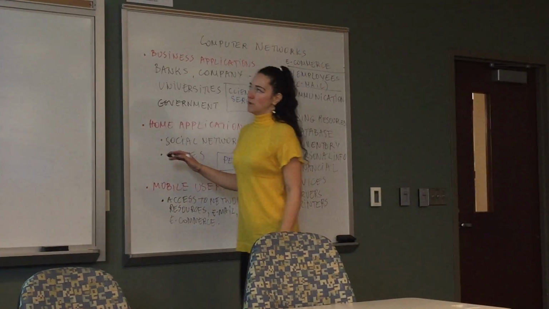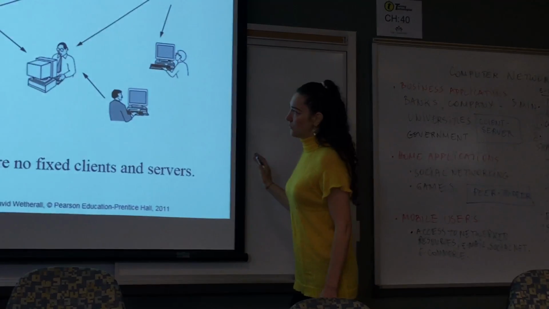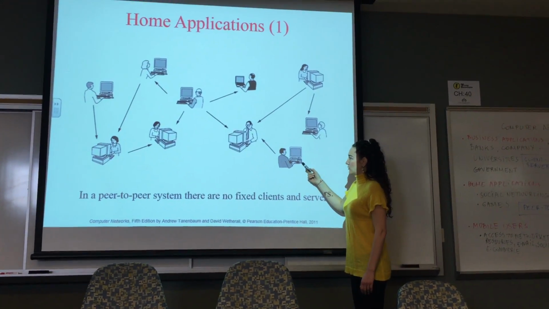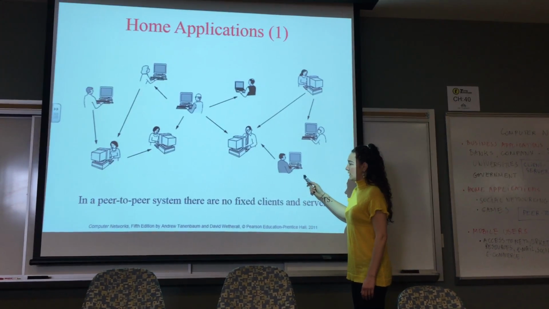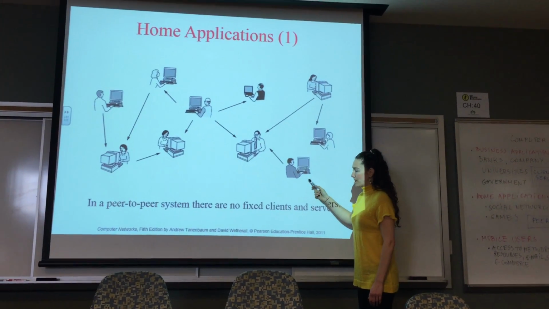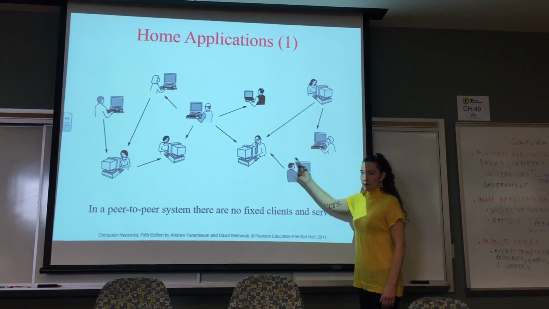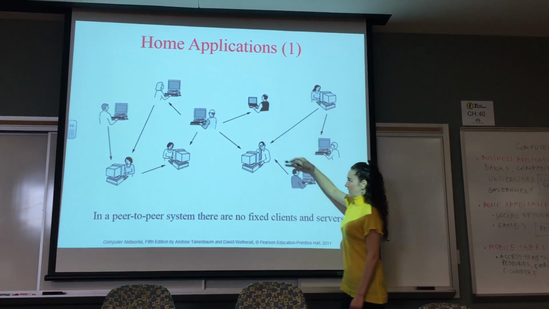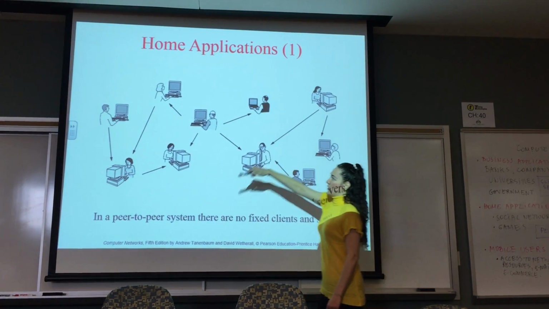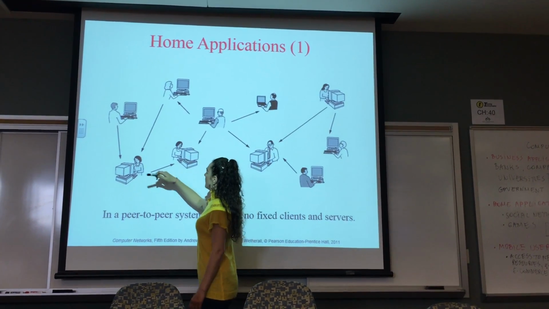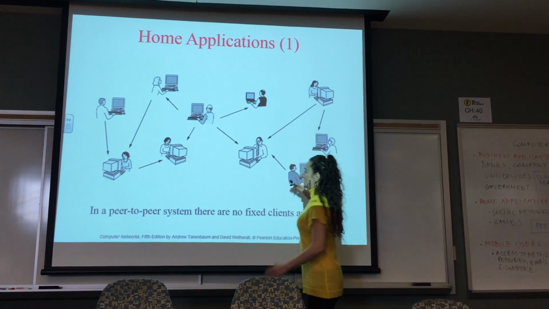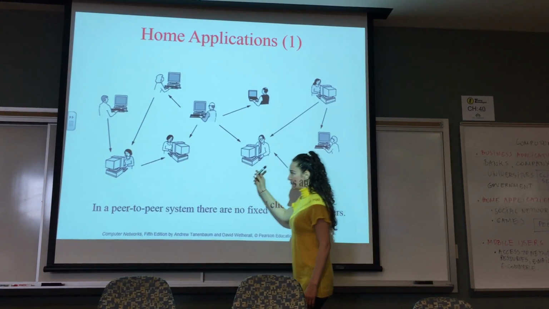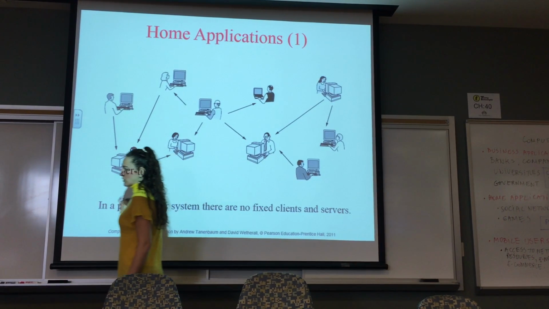So that was a type of network where there's no client and server, because each machine acts as both a client and the server because it hosts content that it is sharing with other machines. So other machines can request content from us, and at the same time we can request content from them. So it's an ad hoc network where everybody's connected to everybody else and not in any particular structure.